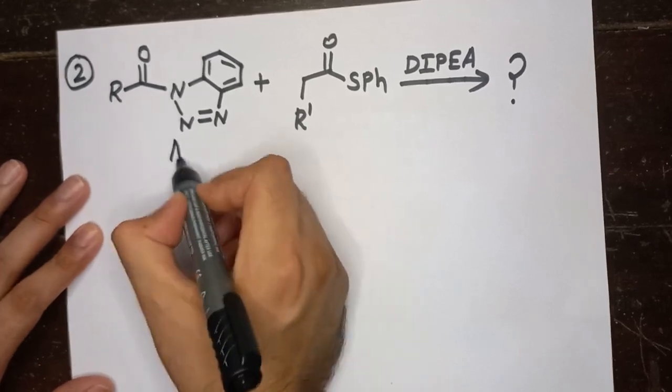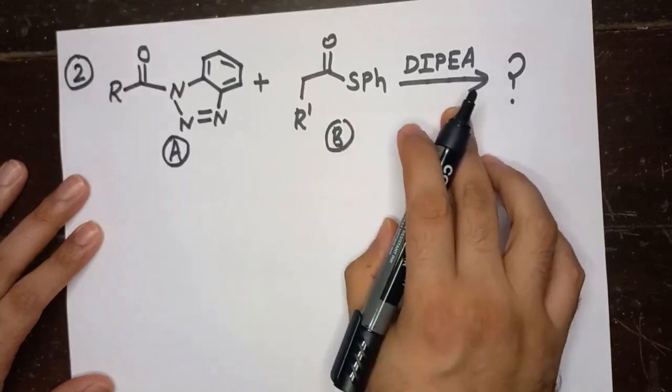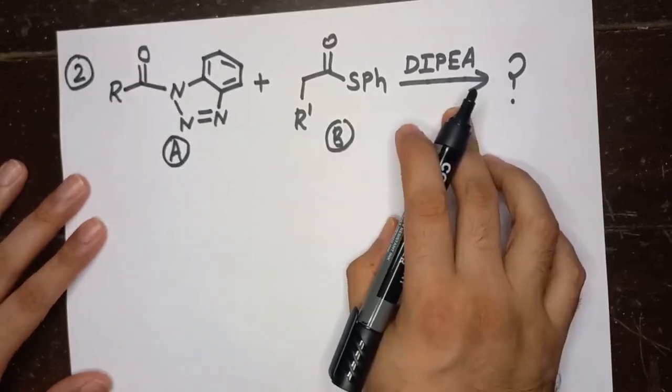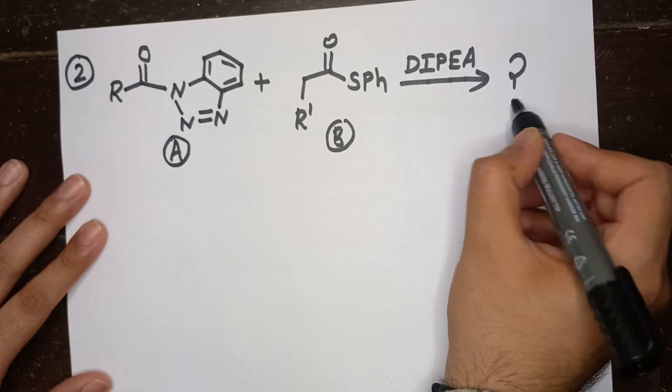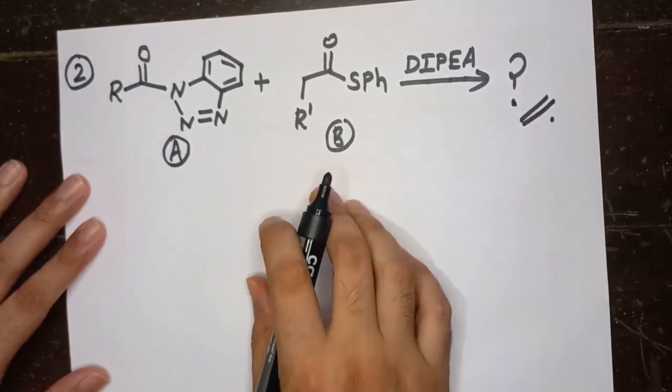This is my first reagent A, this is my second reagent B, in the presence of DIPEA, which is working as a base. Try to pause the video and solve this problem by yourself.